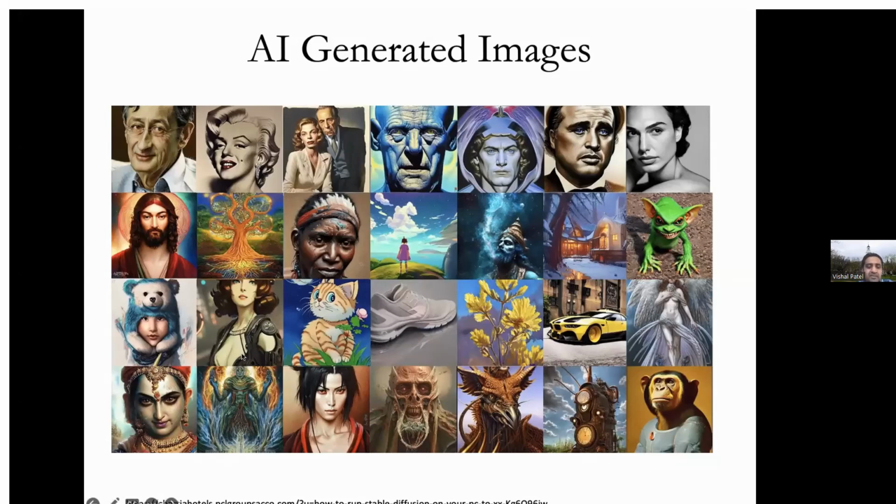When you look at these images, they're amazing, very good quality, something that even humans cannot produce if they were to do it by hand. The algorithm can easily produce this, and these are just some examples. Similarly, you can also produce very high quality videos. So generative AI is a very important field recently.